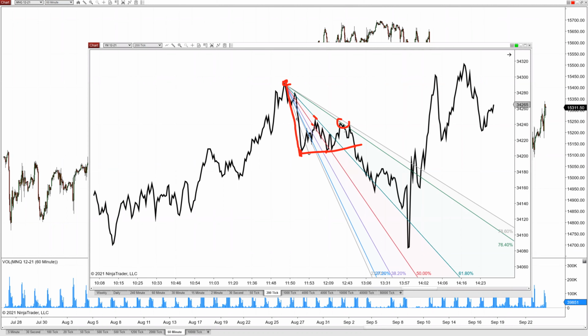So this gave us our triggers for the continuation move on the downside and the bigger nice drop into the end of the day. And again, this is one that we followed from before it ever even triggered.